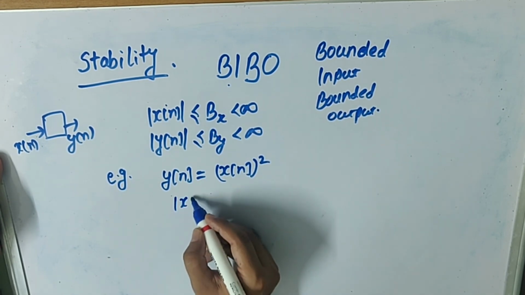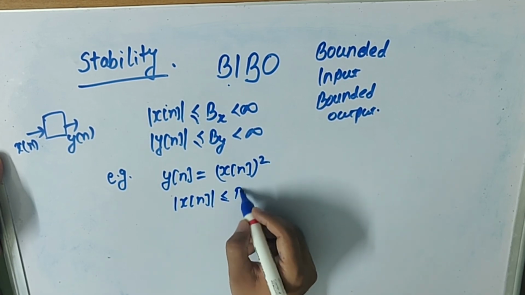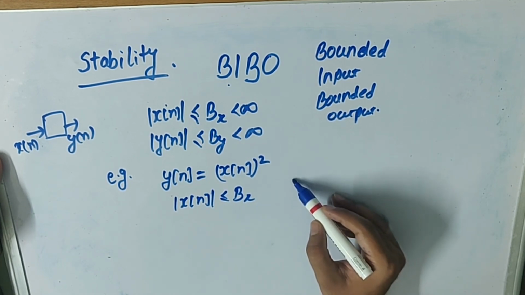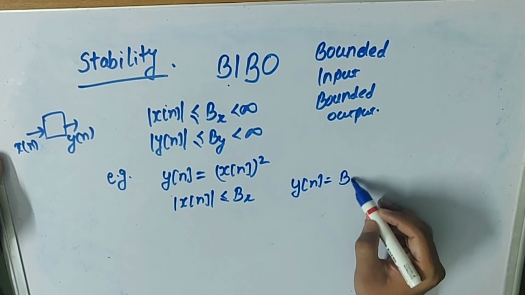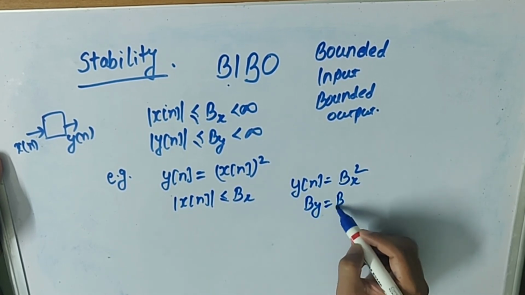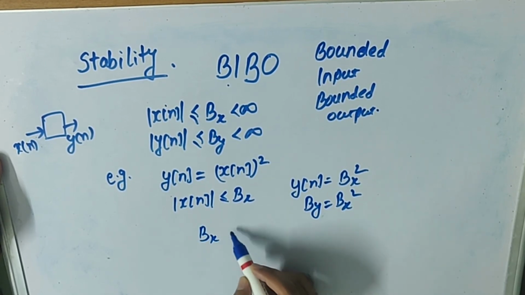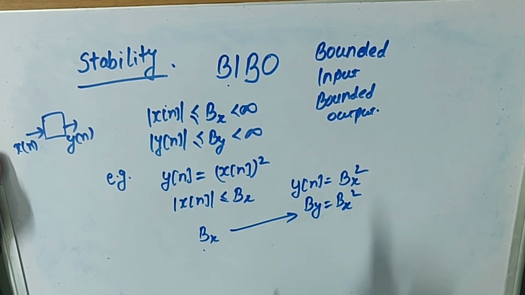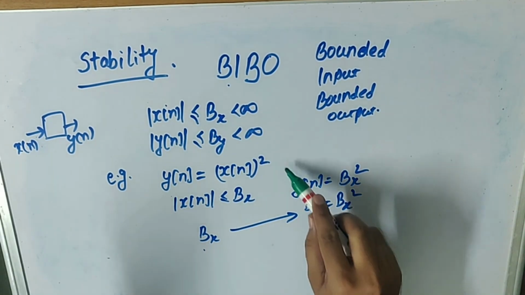So the maximum value of x[n] can be Bx. So for the maximum value of input, the maximum value of output is Bx squared, or we can say that By equals Bx squared. So if there exists a Bx, there exists a By. So if the input is bounded, the output is also bounded. So yes, this system is stable.